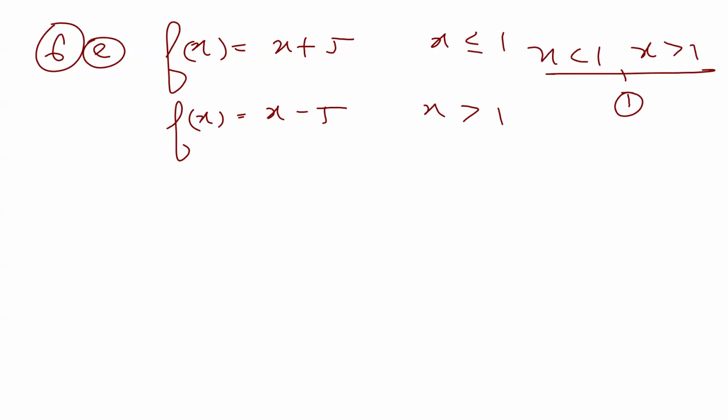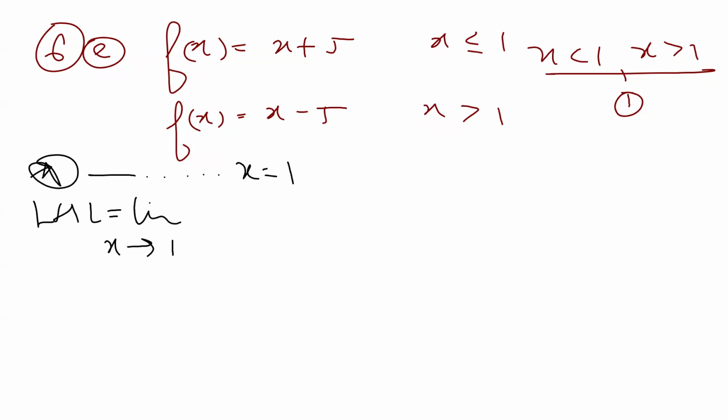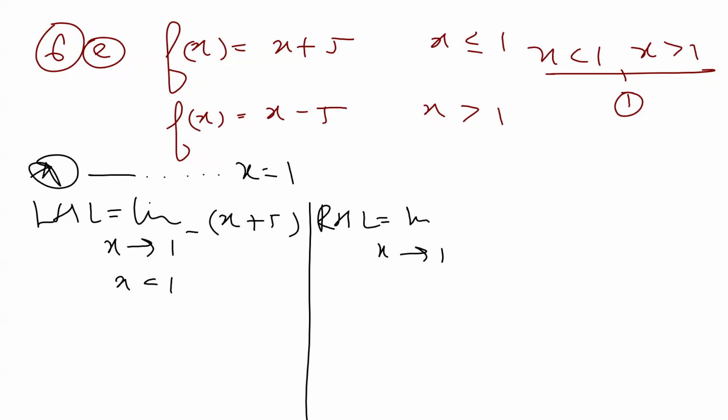Part 1. First, we have to check the continuity at x equal to 1. So at x equal to 1, LHL equals limit x approaching 1 minus, x less than 1, that is x plus 5. Solve using h method. Let x is equal to 1 minus h, and so on. RHL: limit x approaching 1 plus, x greater than 1, x minus 5.